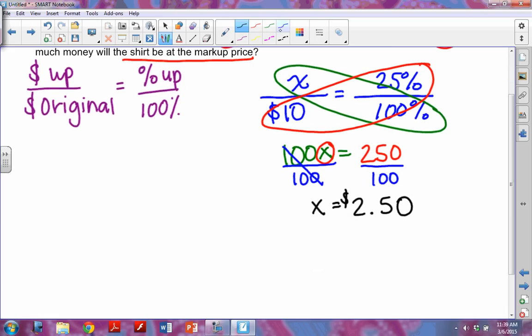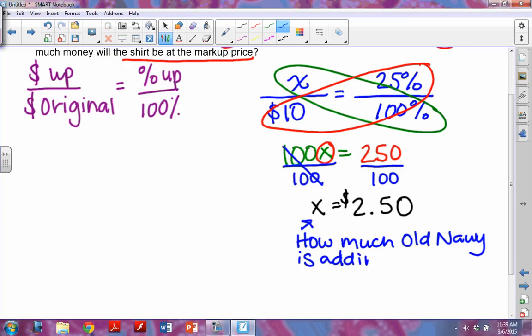I'm just going to make a note here and say this is how much Old Navy is adding on, or marking up the price. I need to know how much money the shirt will be at the markup price.